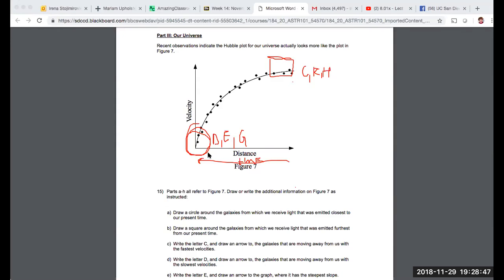17. Based on the Hubble plot in Figure 7, is the expansion rate represented by the motion of galaxies far away from us faster than, slower than, or the same as the expansion rate represented by the motions of nearby galaxies?